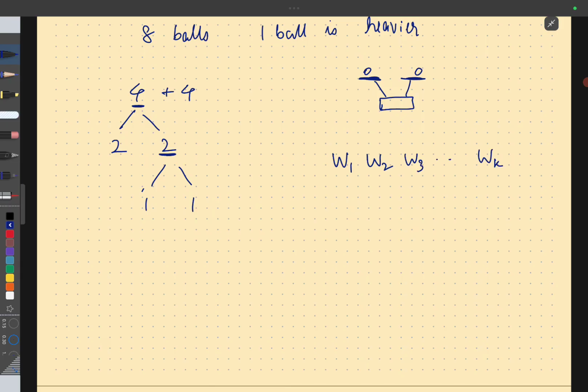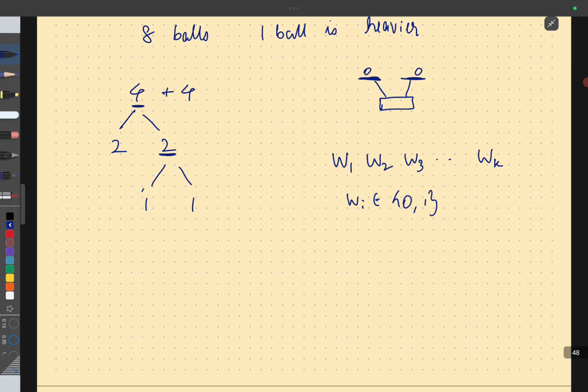Suppose I can do it by weighing things k times. I design this experiment where I do k weighings and I get the output, and then I'm able to declare which of the balls was heavier. Each Wi is either 0 or 1.